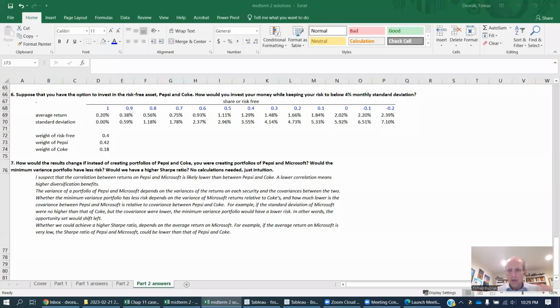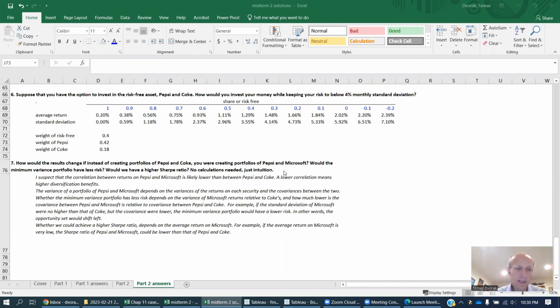Fantastic. So the last question asks, how would the results change if instead of creating a portfolio of Pepsi and Coke, you were creating portfolios of Pepsi and Microsoft? Would the minimum variance portfolio have less risk? Would we have a higher Sharpe ratio? No calculations needed, just intuition.